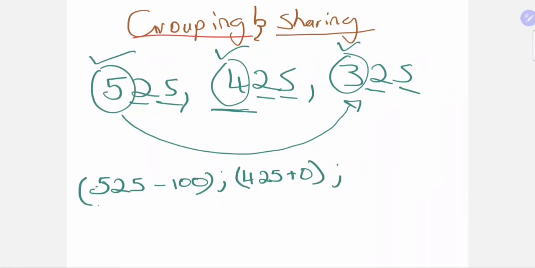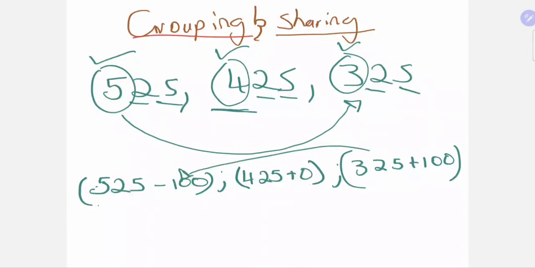And then 325 plus 100. Where do we get this 100? Did it fall from the sky? Did we get it from Santa Claus? Nope, we got it from over here. This is where we got it from.